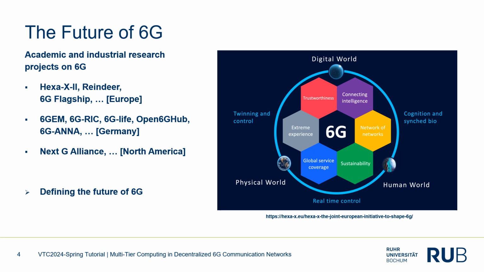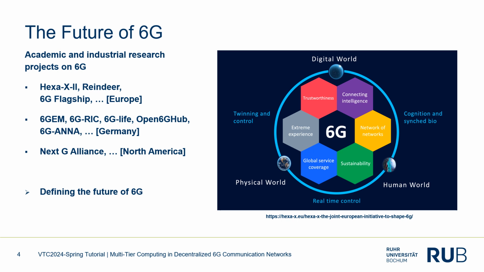There are projects like Reindeer and also the 6G Flagship. Within Germany, we have the 6G research hubs such as 6G-life, 6G-RIC, 6G-life, and Open 6G Hub, as well as several industrial 6G projects like 6G-ANNA.